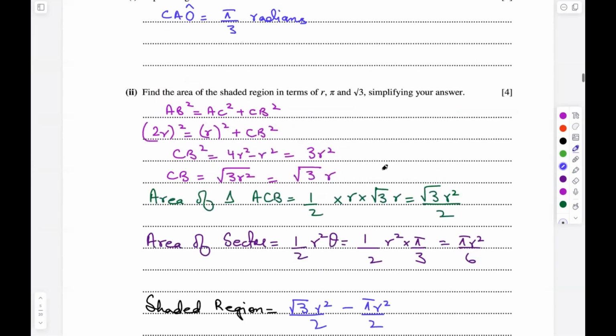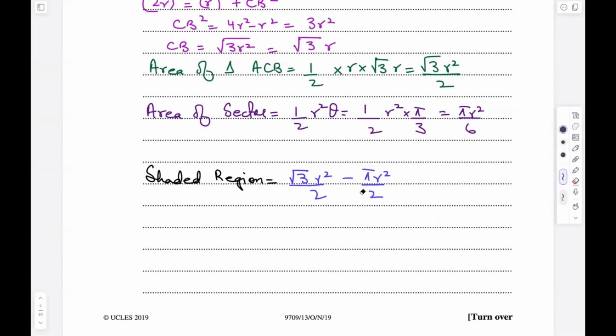And as it said that we have to simplify our answer, we can first take the LCM over here. Taking the LCM, which will be 6, we'll get 6 in the denominator, and this will multiply by 3. So this will become 3 root 3R squared minus pi R squared. We can take R squared as common, so we can write the final answer as R squared (3 root 3 minus pi) upon 6 as the area of the shaded region.